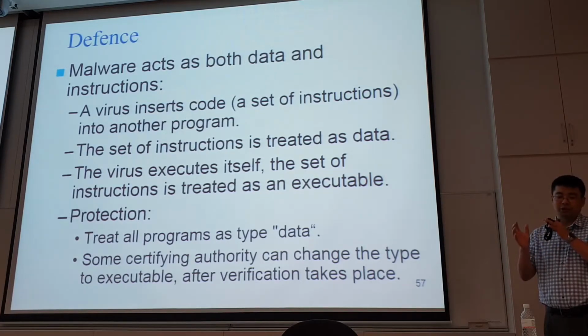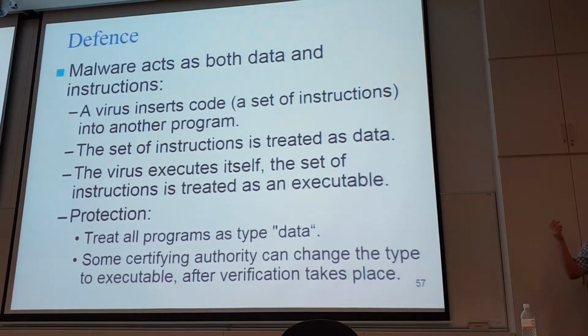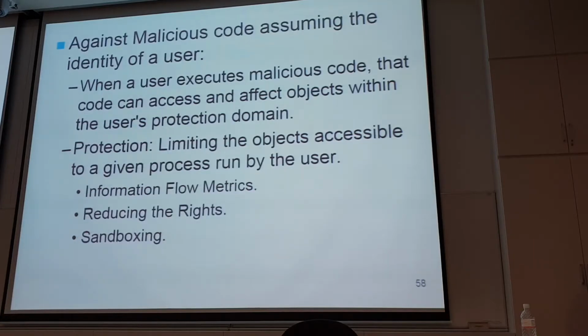But if you treat the malicious code just as data, then it will not cause any damage. So it is a similar concept as in cross-site scripting. You can use some method to let the system treat the instruction as data, not as a real instruction, then you can prevent the instruction from causing damage.